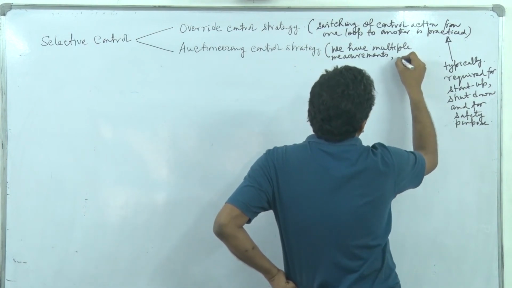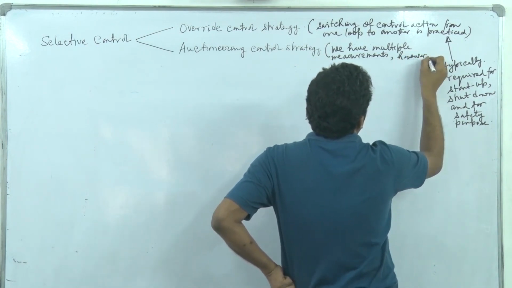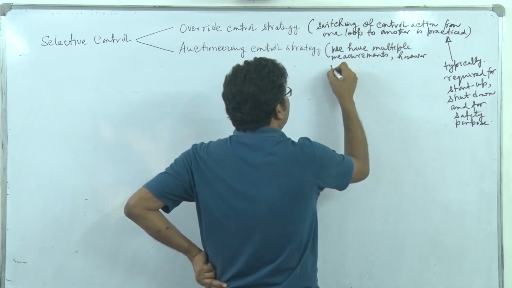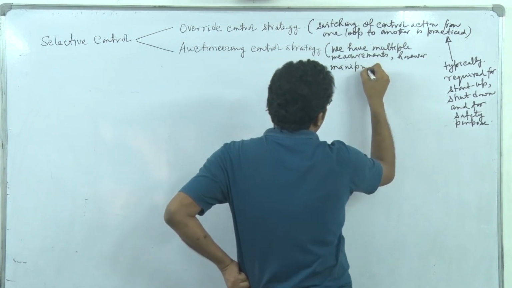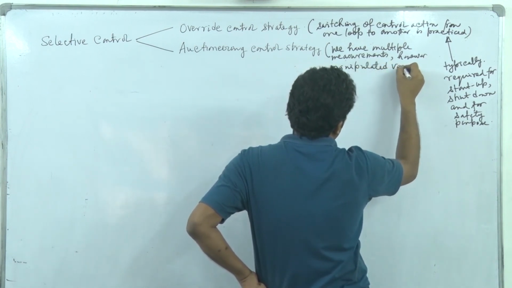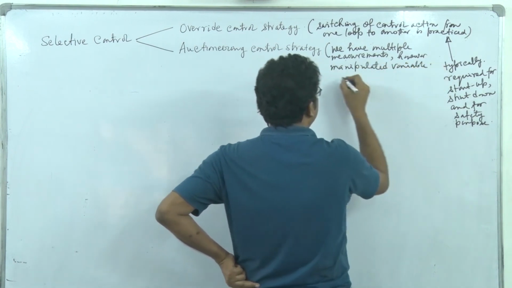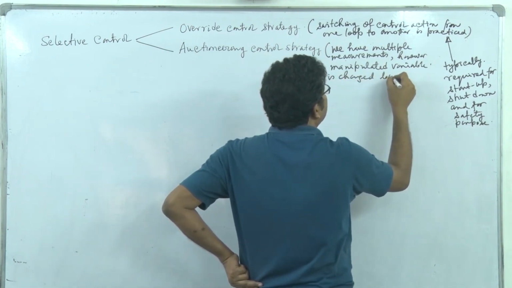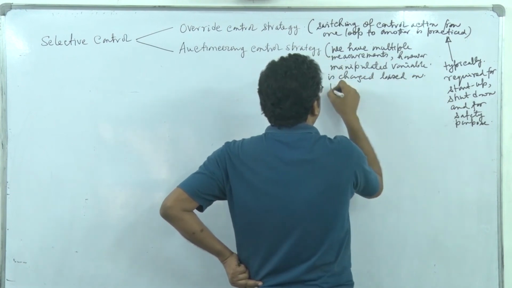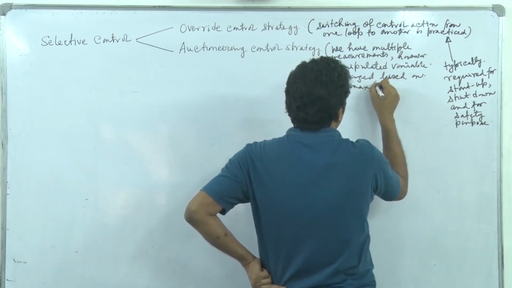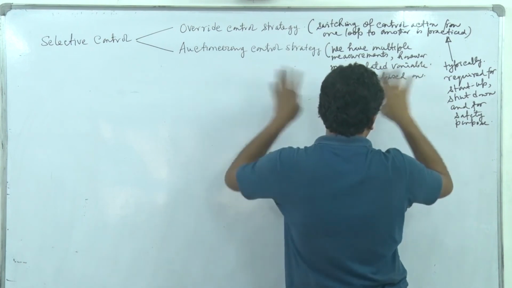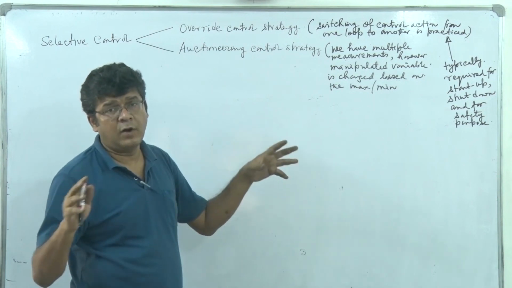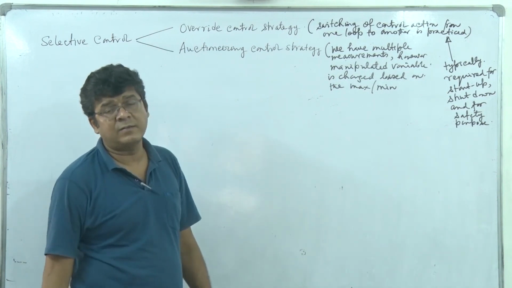However, the control action, or rather the manipulated variable, is changed based on the maximum value, or maybe the minimum. Within these measured variables we have to go for a kind of selection, to see which one is giving the maximum value.